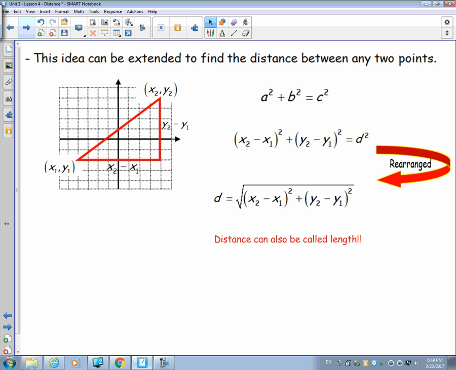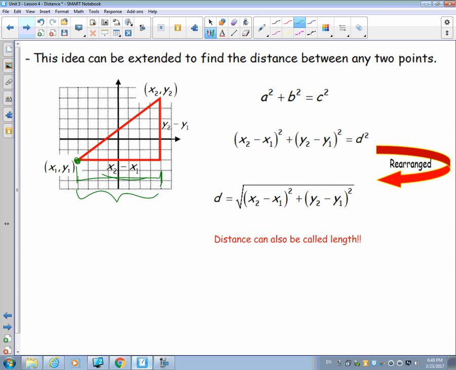Let's try that. If I want to find the distance between any 2 points, I can use the idea of x squared plus y squared equals d squared, except I've got to figure out how far apart my x values are. In other words, if I want to figure out how far it is from here all the way over here, I've got to figure out the difference between my x's.